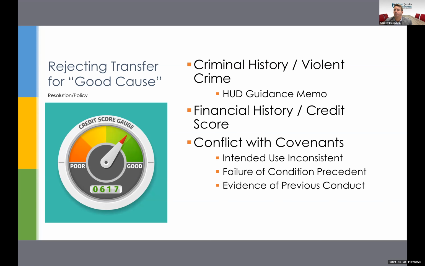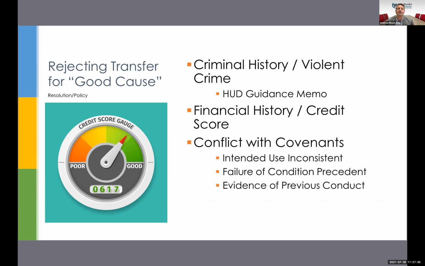I want to talk about two that we get asked about the most. One of them is the criminal history, okay? And it's mentioned in your outline. HUD, which is the federal agency that deals with discrimination complaints, has come out with their views on what would be considered housing discrimination.